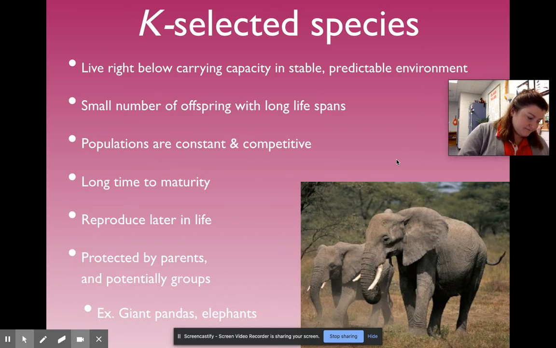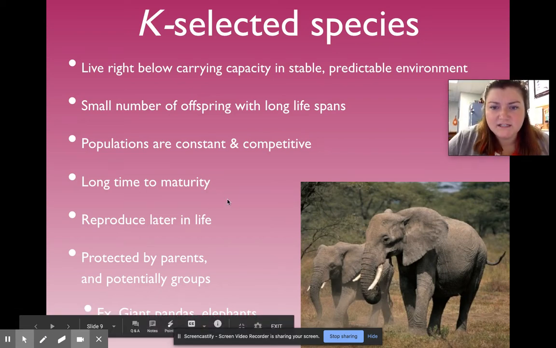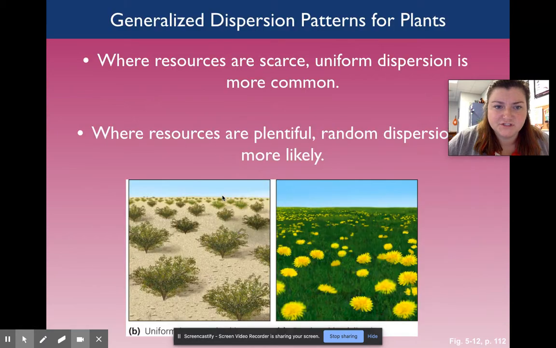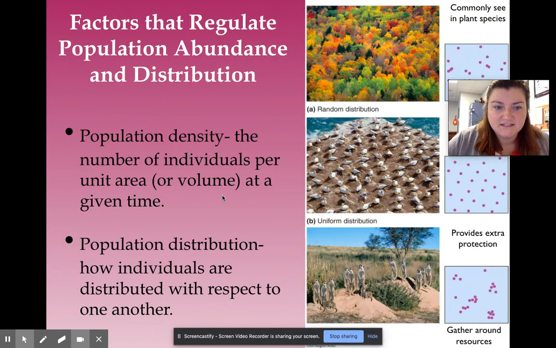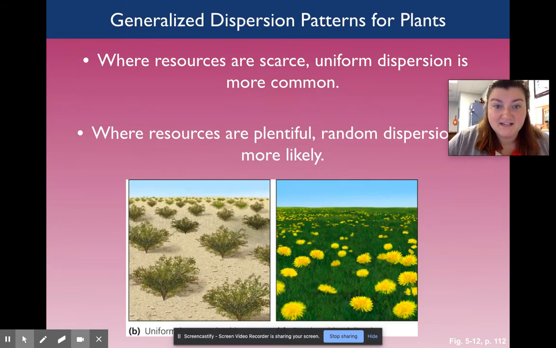I know it's in here. I'm pausing myself. I'm not seeing it in the notes, which is frustrating to me, because carrying capacity is definitely a term that we need to be familiar with in this unit.